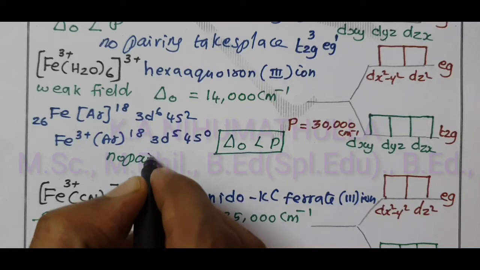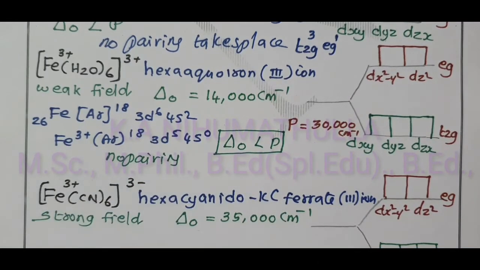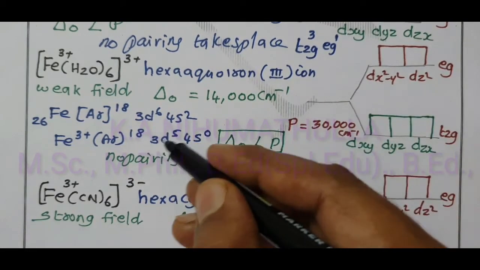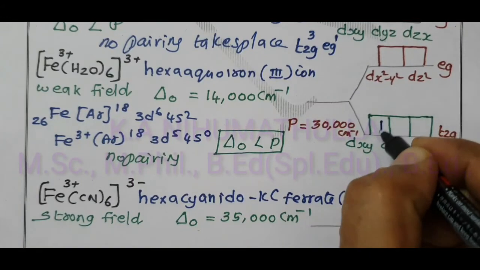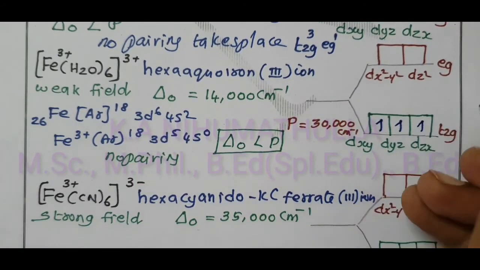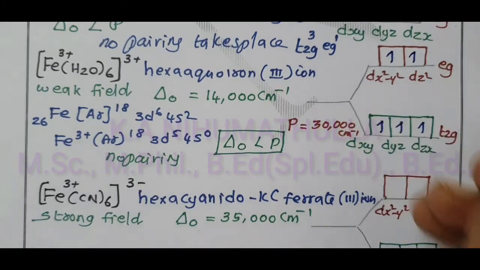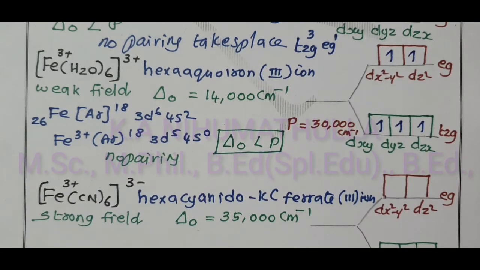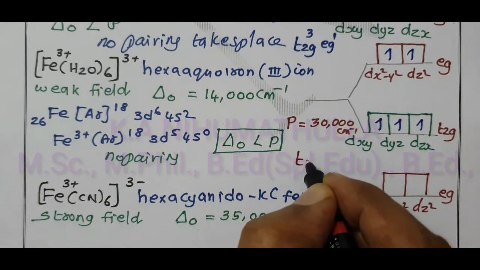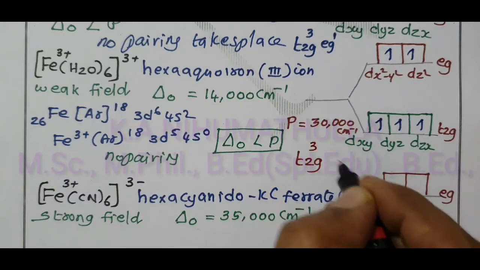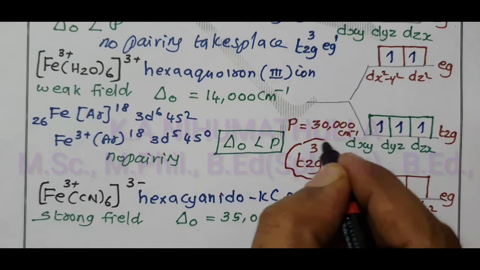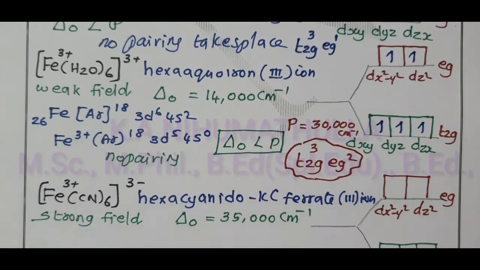Now I am filling the 5 electrons without pairing: 1, 2, 3, 4, 5. Therefore, the electronic configuration is T2g3 and Eg2. This is the electronic configuration for Fe3 plus ion.